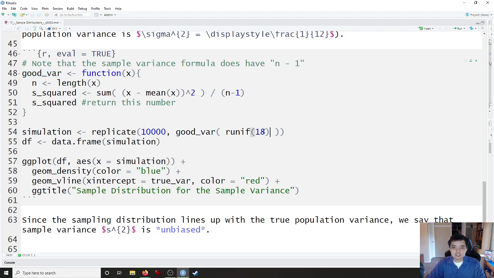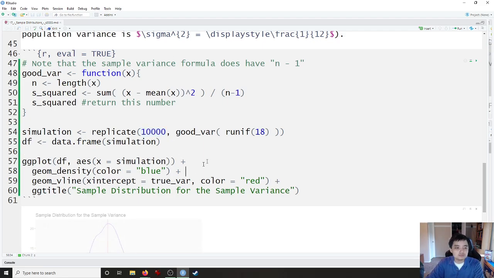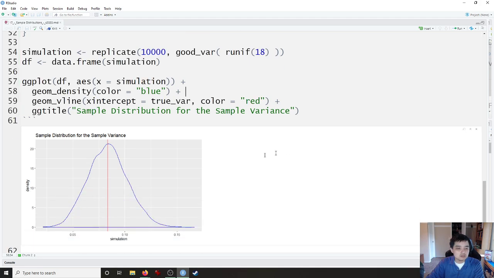We're going to run through the simulation again, grabbing 18 numbers at a time, running it through the good variance formula, and then doing that 10,000 times. The simulation is collected in this blue curve, and where the true answer should be is represented by this red vertical line.